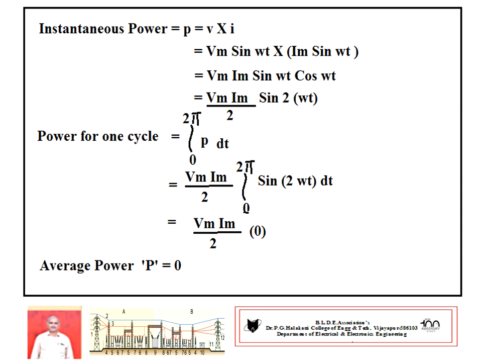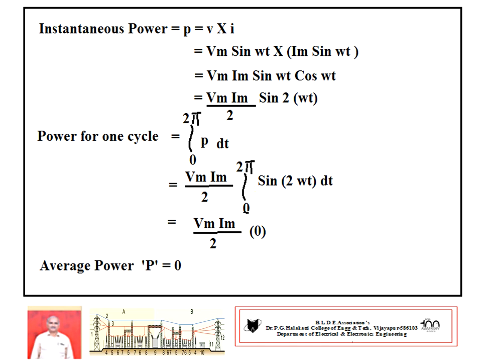Next, instantaneous power. Instantaneous power equal to the product of instantaneous voltage and instantaneous current, that is V into I. Substituting the values of V and I, it becomes Vm into Im sin omega t into sin omega t plus pi by 2, that is cos omega t. Sorry, that term was missing.